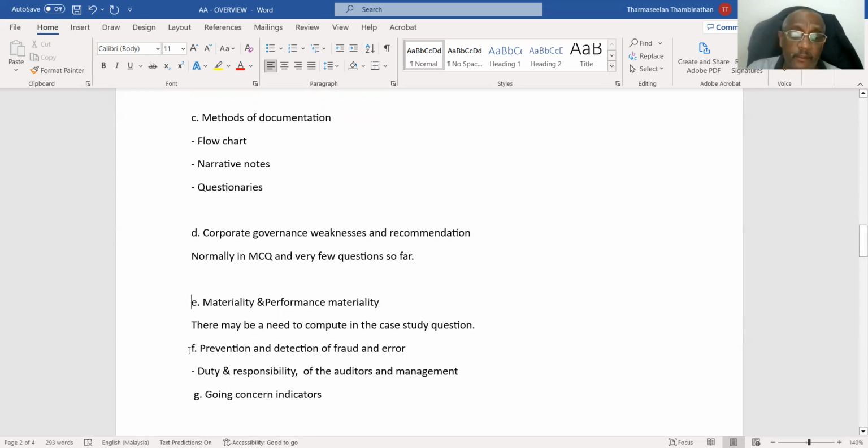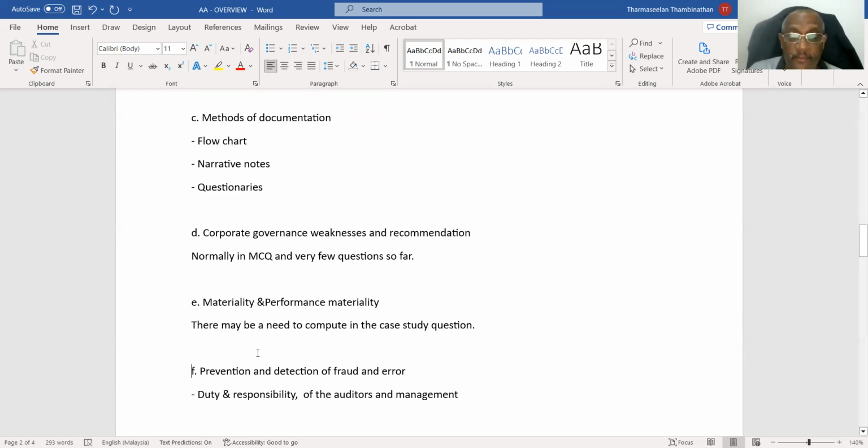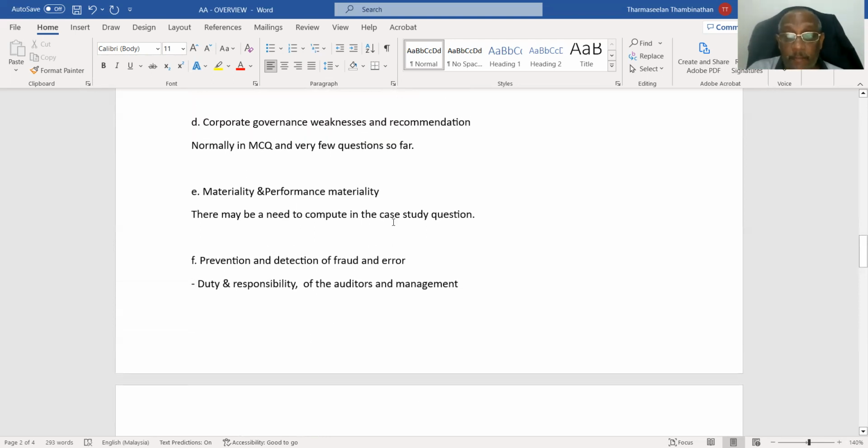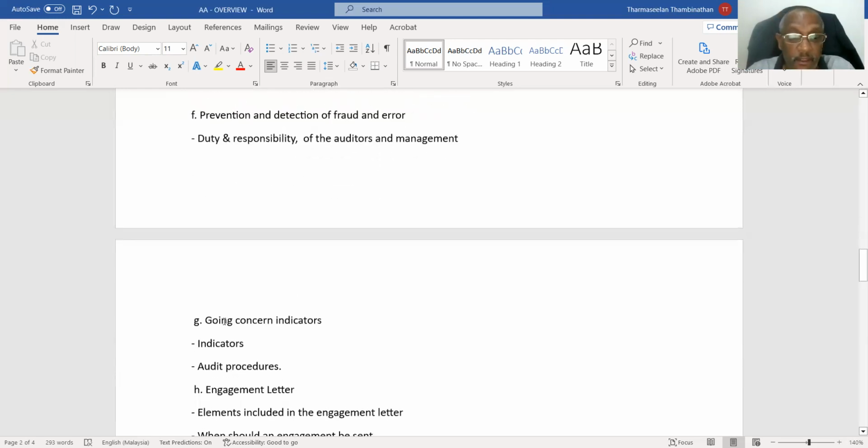It definitely appeared in AA, never in the AAA paper. Looking at the distinction between overall materiality and performance materiality, and prevention and detection of fraud and error, a straightforward question normally comes out in the theoretical aspect: duties and responsibilities of the auditor and management.